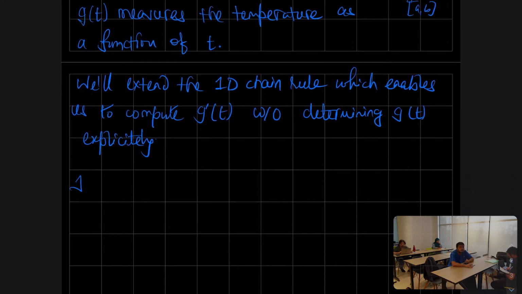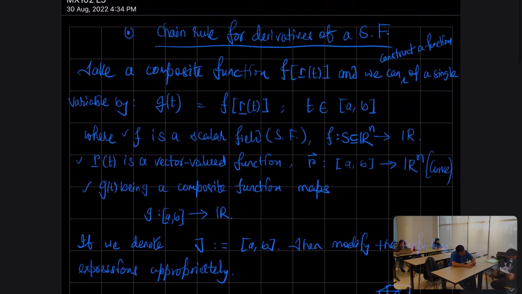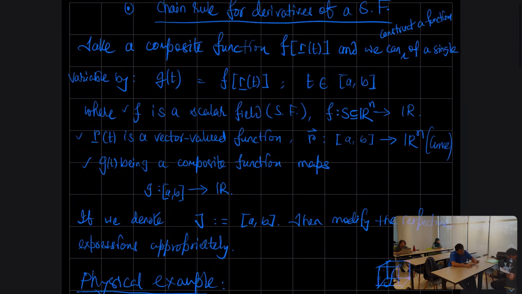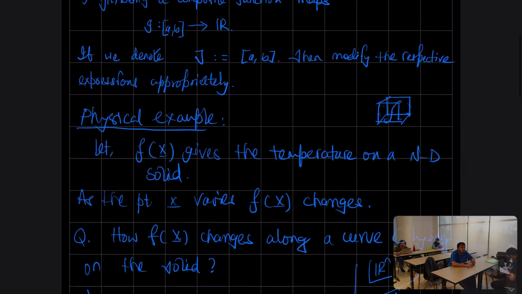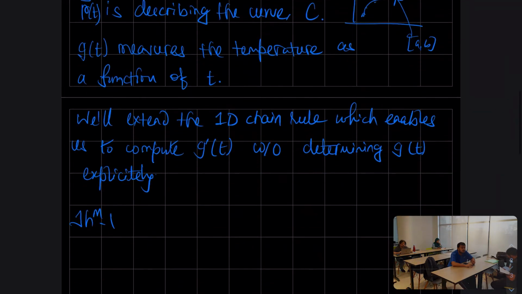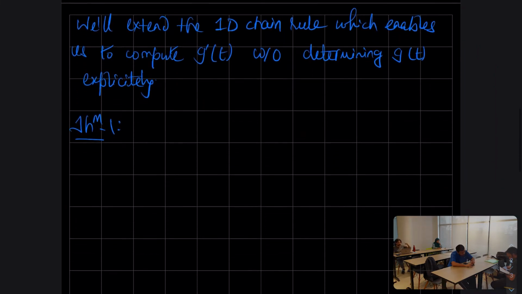That is going to be done with the theorem. So this is the first theorem. Is this a definition? This is not a definition, this is a construction. Theorem 1: this theorem goes by the name of chain rule.